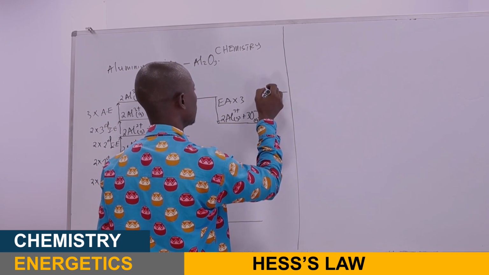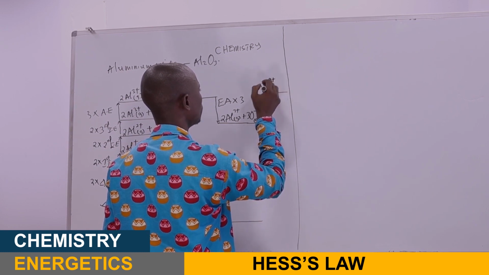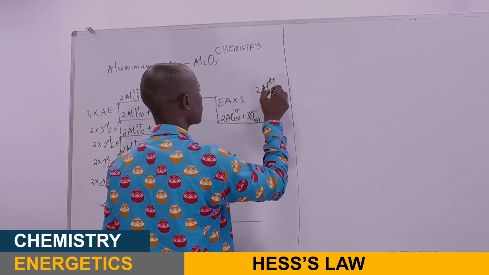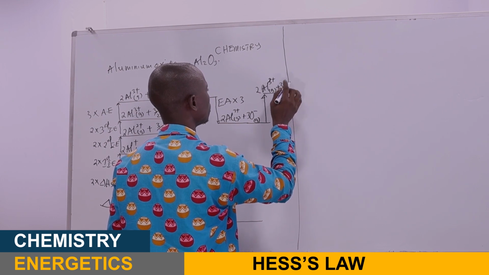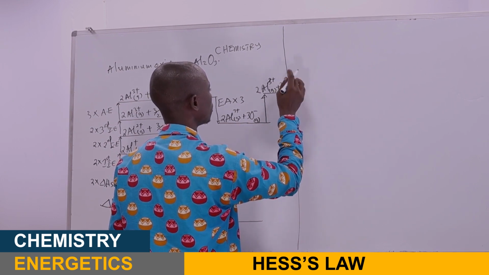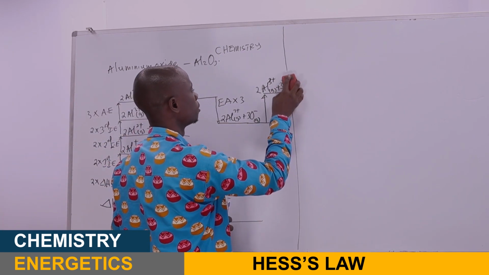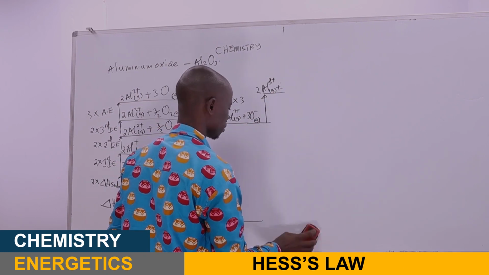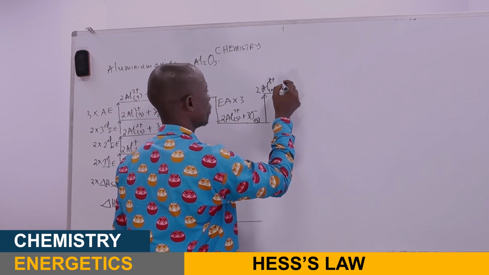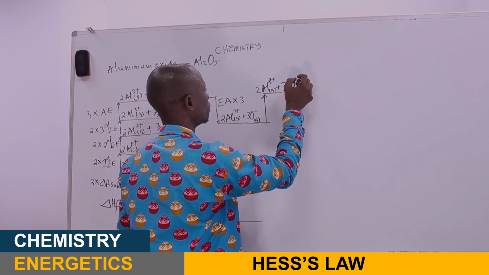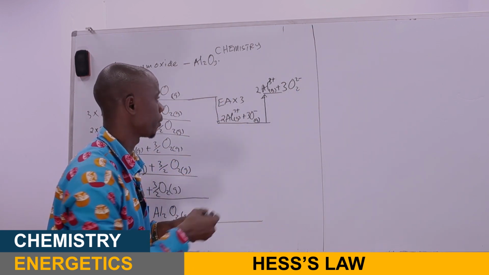So from there you write, here you have aluminium 3 plus, 2, this is the gas, plus 3 oxygen. Sorry, my dear students. Here you have 3 oxide ions.